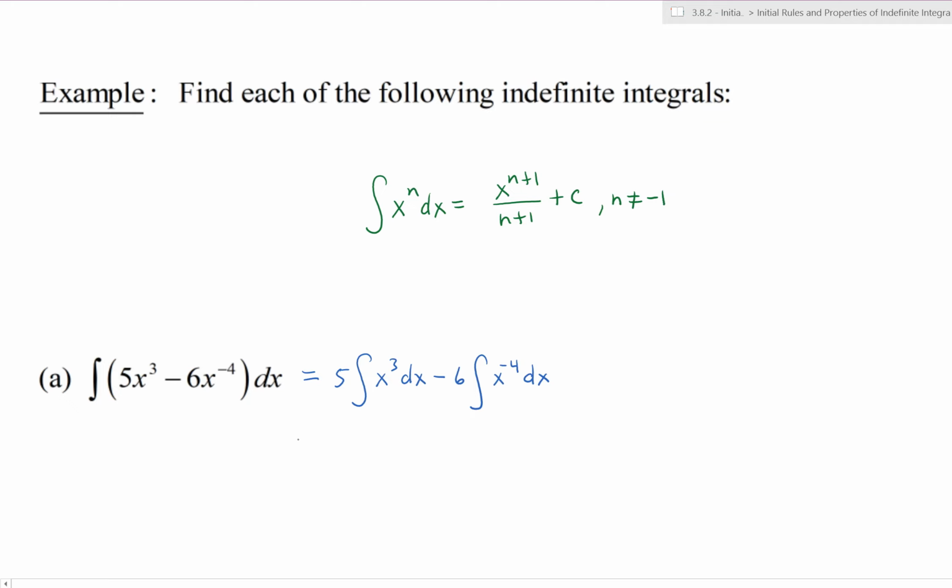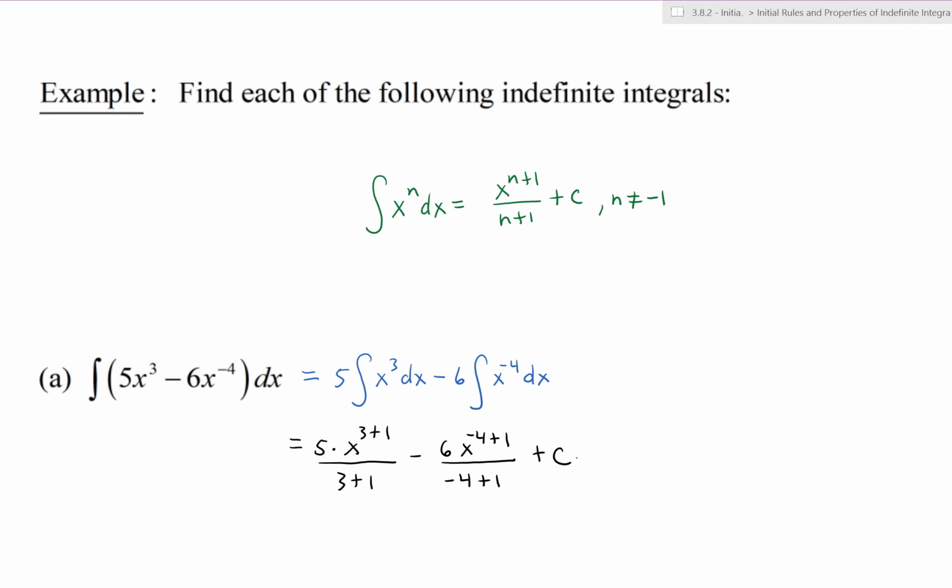So in this first one, we're going to have a 5 times an x to the 3 plus 1 power divided by 3 plus 1 in the denominator, minus a 6 times x to the negative 4 plus 1, all divided by negative 4 plus 1. And all of this plus a constant. Now, sometimes people will ask, well, don't we have a constant for each of these indefinite integrals?